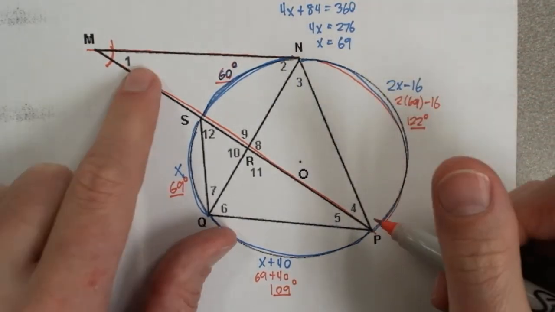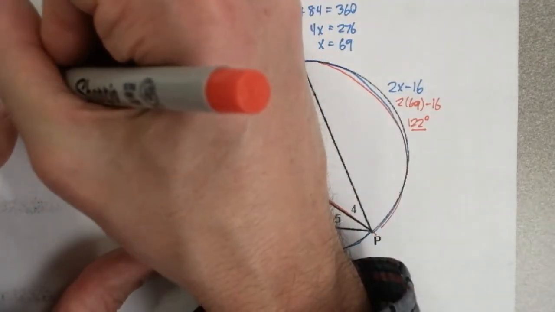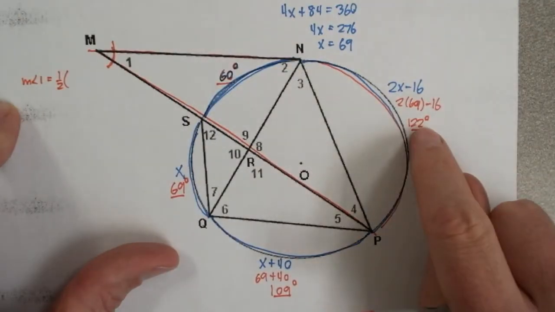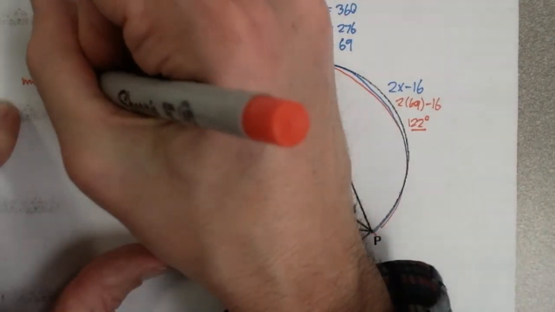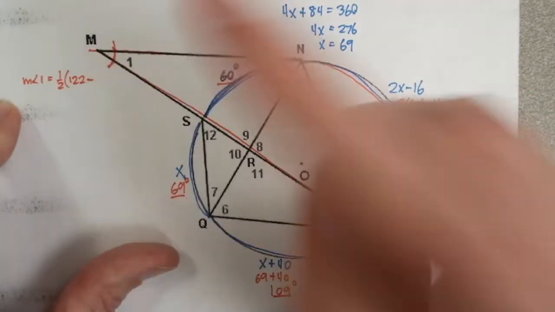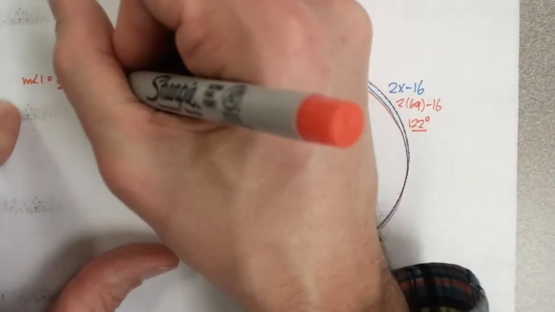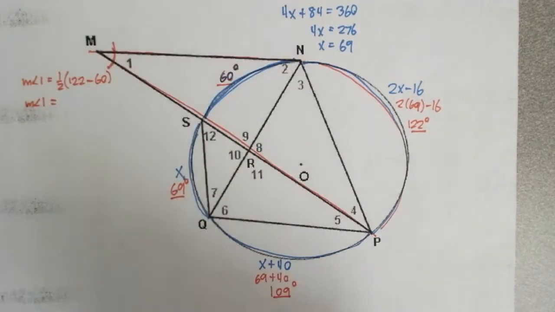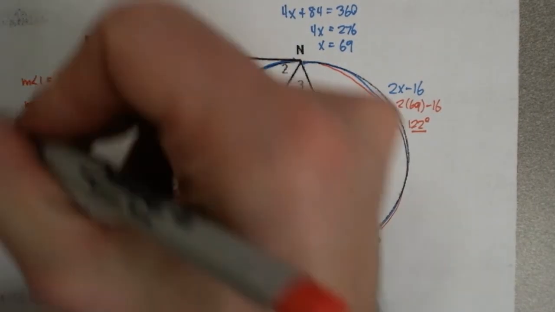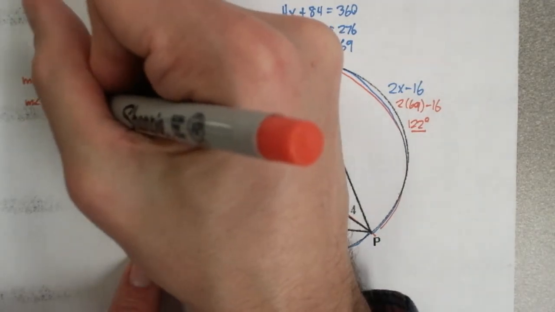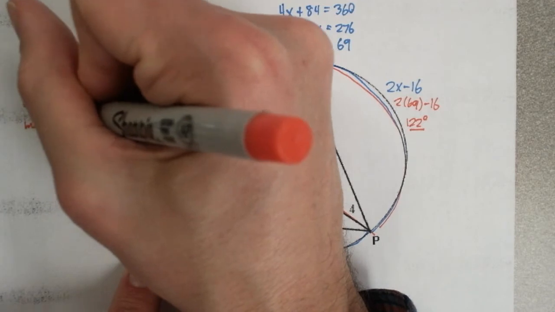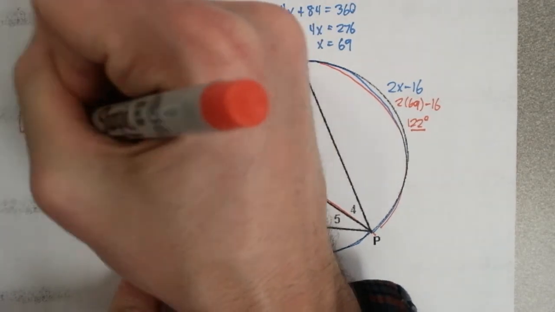So I can get that angle by doing 1/2 big arc, which is 122, minus little arc, which is 60. 122 minus 60 is 62, so half of 62 is going to be 31. Okay, so the measure of angle 1 is 31 degrees.